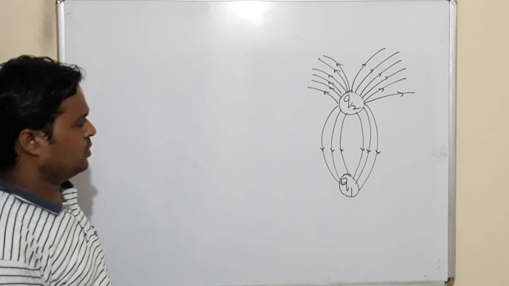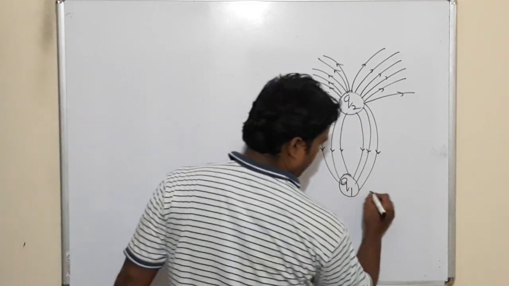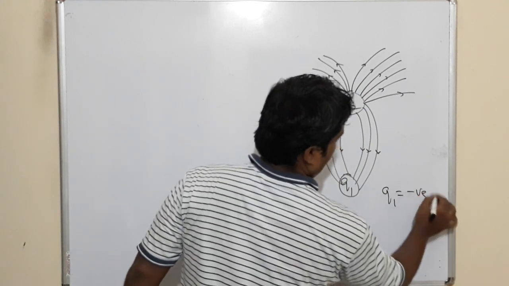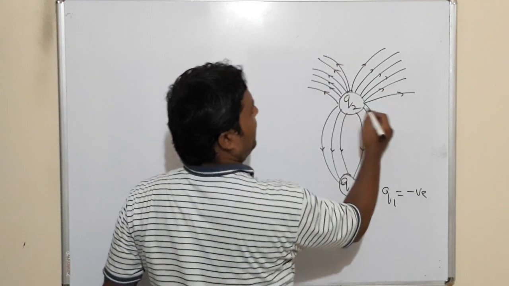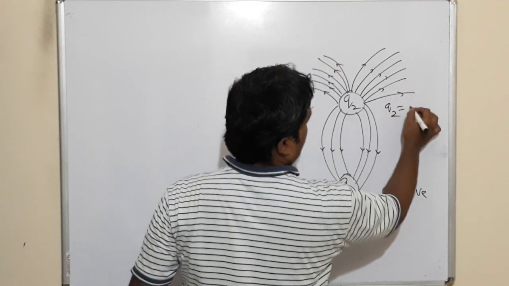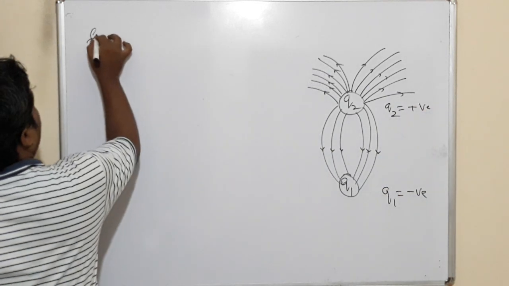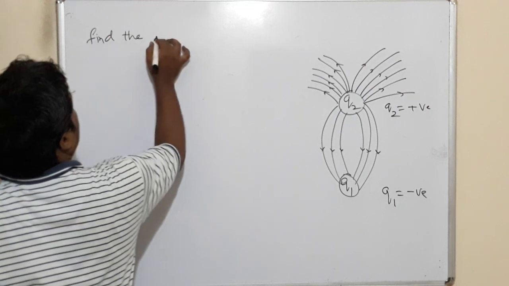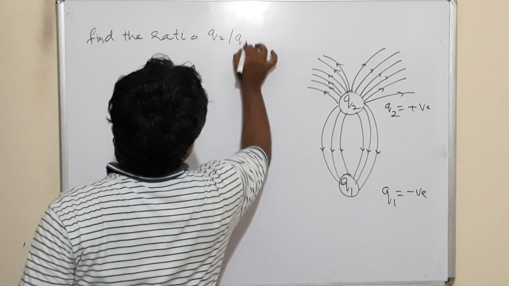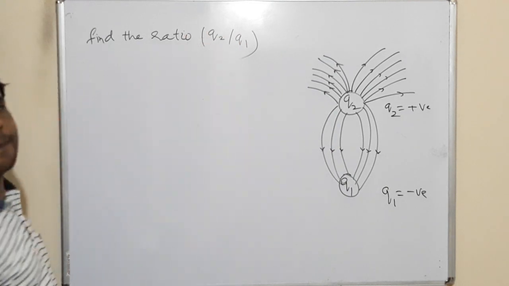Then they are asking you what are the natures of Q1 and Q2. No doubt Q1 must be negative because electric lines of force are coming towards Q1. They are going away from Q2, so Q2 must be positive. Then find the ratio Q2 by Q1.